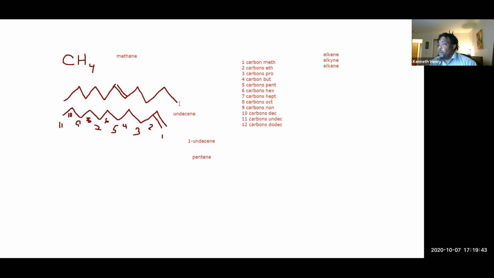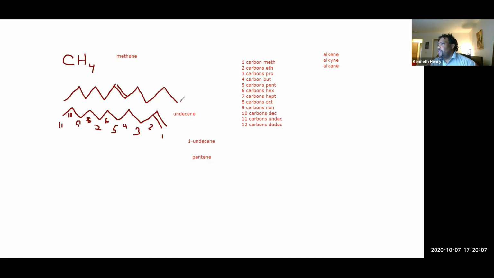So you always start at one end or the other end, and you count the longest carbon chain. So 1, 2, 3, 4, 5, 6. If I went the other way, it would be 1, 2, 3, 4, 5, 6. So I have 5 going one way, 6 going the other.